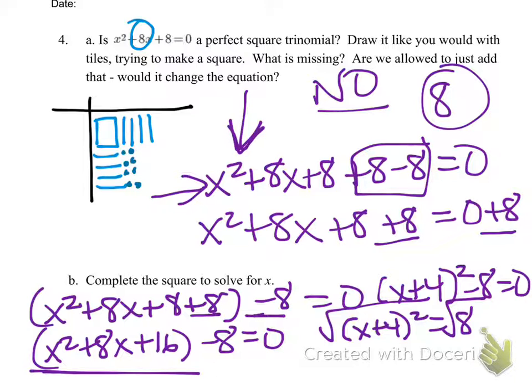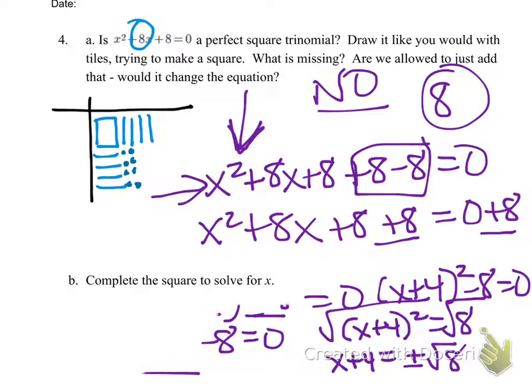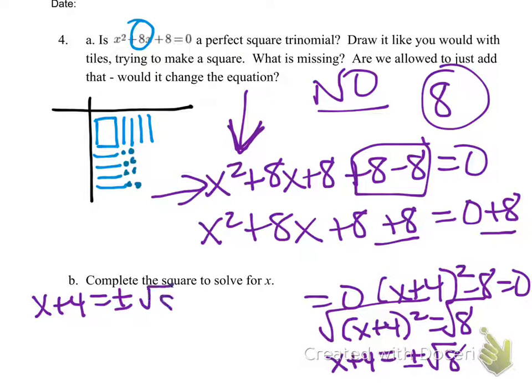So because I'm taking the square root of something squared, it's just x plus 4 equals plus or minus square root 8. I'm going to erase a little bit so you can see my next steps on the same page. Now, I've got x plus 4 equals plus or minus root 8. I just subtract 4 from both sides, so x is negative 4 plus or minus root 8.